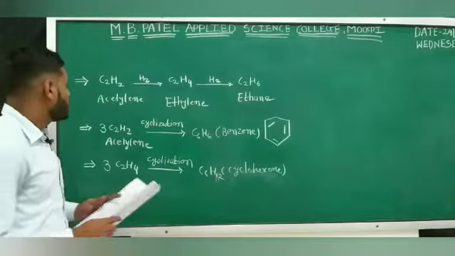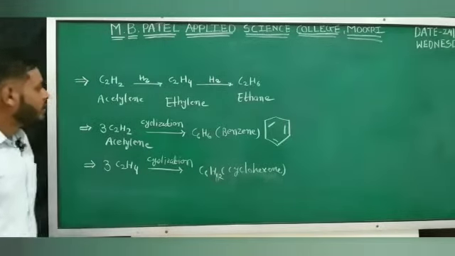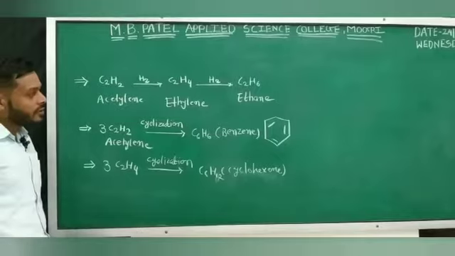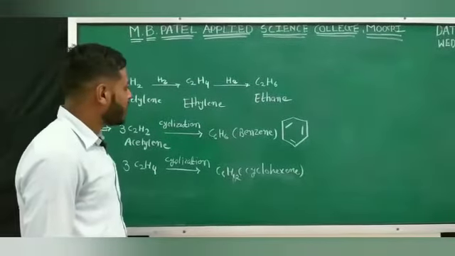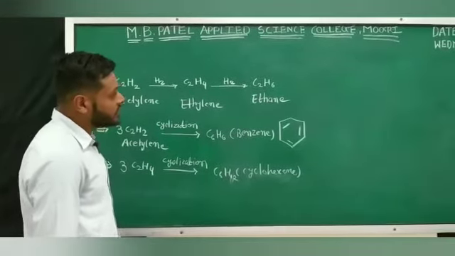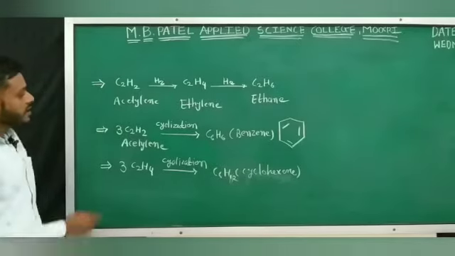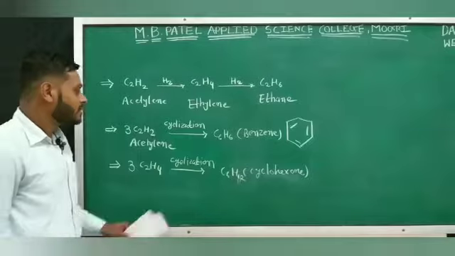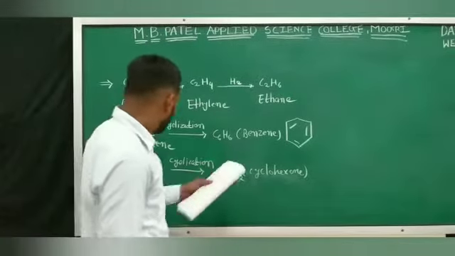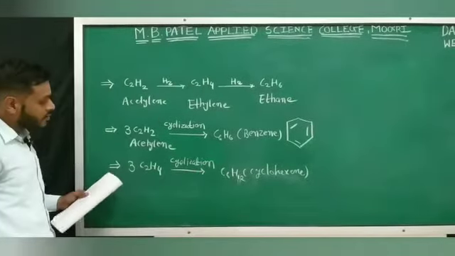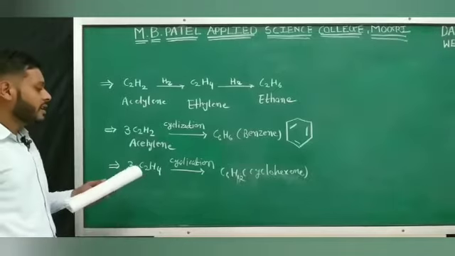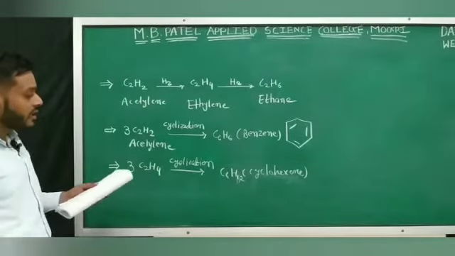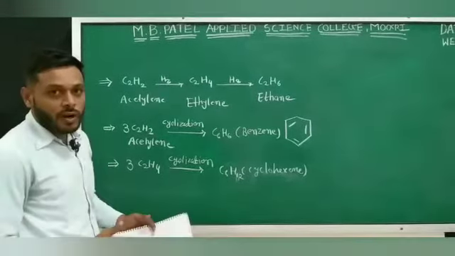Again, to repeat. First, the hydrogenation of acetylene to give ethylene, and the further hydrogenation of ethylene to give ethane. In the second reaction, 3 moles of acetylene cyclize to give benzene, and in the next reaction, the cyclization of ethylene to give cyclohexane.